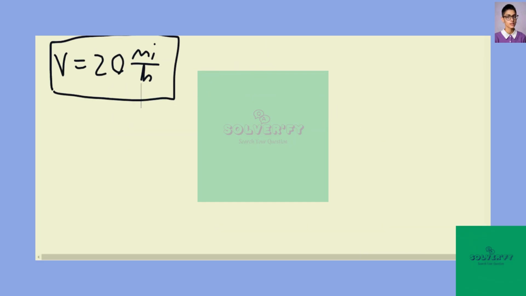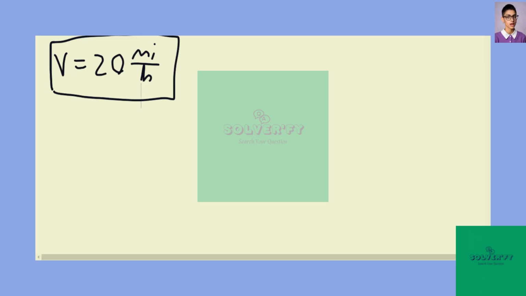So now we want to know, what if this trip was going to the store and coming back? Well, when it comes to average velocity, we care about the total displacement. The first part of the answer was that the average velocity for the second half of the trip was 20 miles per hour.